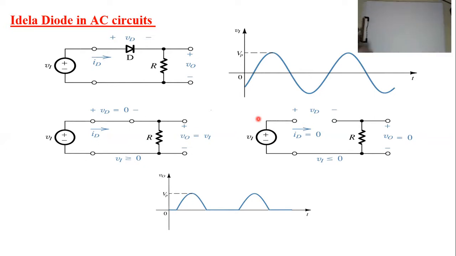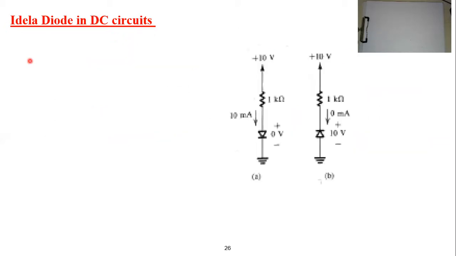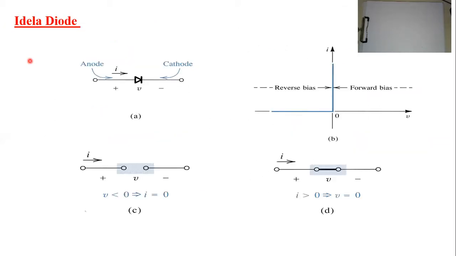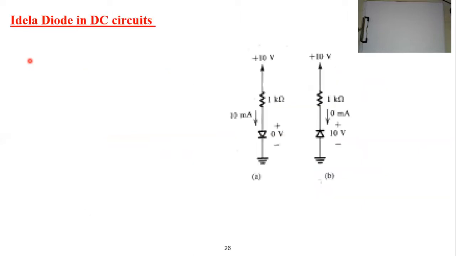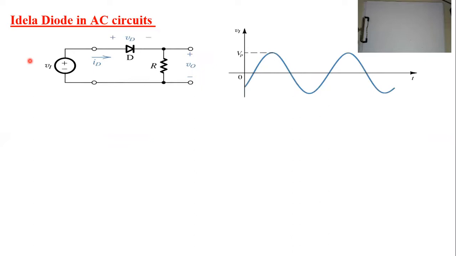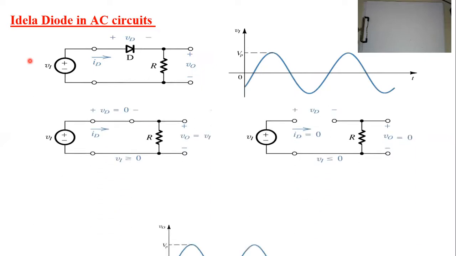applications for our diodes. Now let's go to the next. We now have two examples for our ideal diode. We started with this ideal diode, and we have two examples, one with a DC circuit and another with an AC circuit.